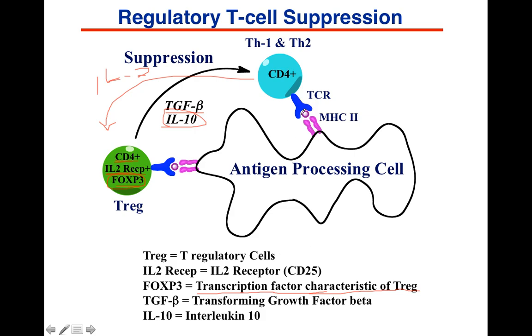And this can happen, for example, if a CD4 cell is binding to an antigen processing cell, but say this is a self-peptide, a self tissue, say it's the liver or the spleen.